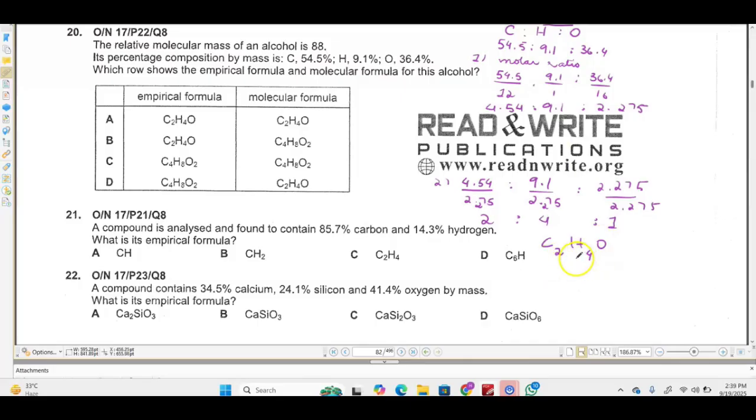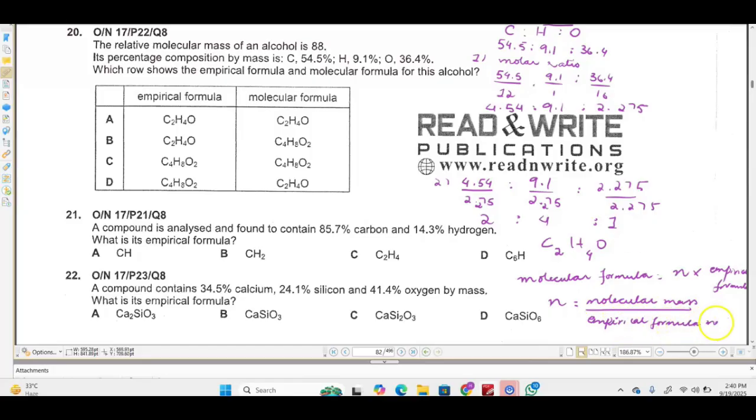Once we've reached the empirical formula, we can always find the molecular formula with the help of n into empirical formula, where this n is molecular mass, which is always given in the question statement, divided by empirical formula mass.